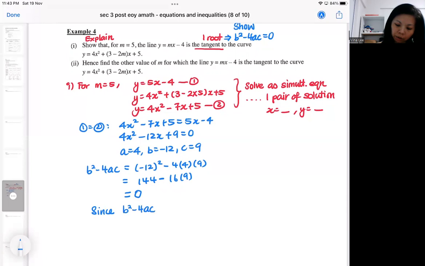You do an explanation based on this: since the discriminant is 0, there is only one root, and hence the straight line is a tangent to the curve.